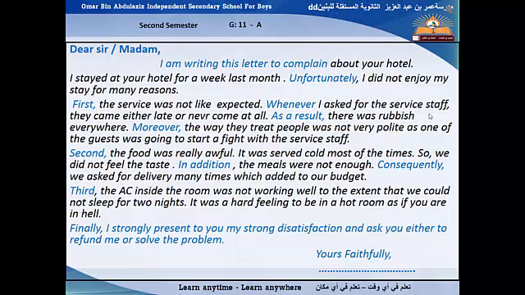Second, the food was really awful. It was served cold most of the time, so we did not feel the taste. In addition, the meals were not enough. Consequently, we asked for delivery many times, which added to our budget. Third, the AC inside the room was not working well, to the extent that we could not sleep for 2 nights.